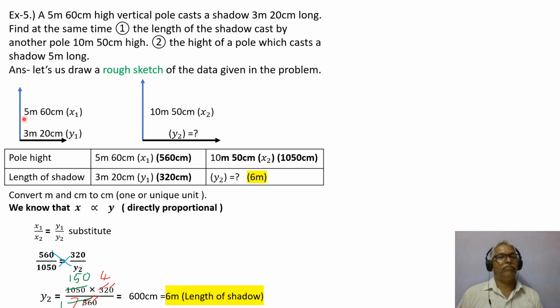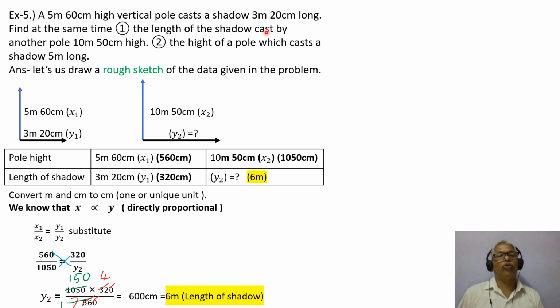The height is considered by x and the length of the shadow by y. You can consider anyhow you like, but if height is x, then this also should be x. If this is y, this also should be y. So the 5-meter 60-centimeter high vertical pole with a shadow of 3 meters 20 centimeters is y1. Got it?